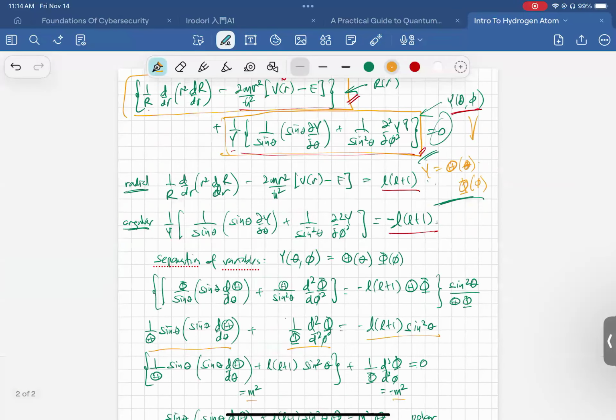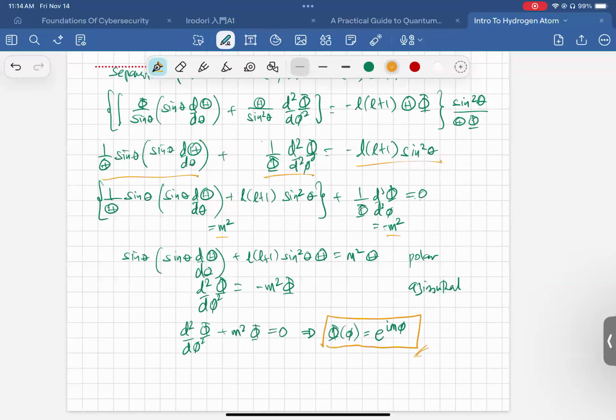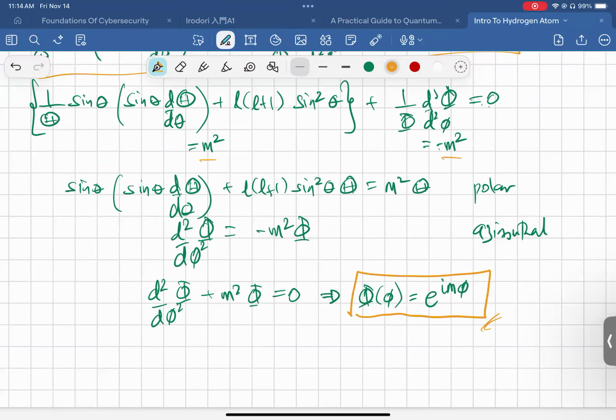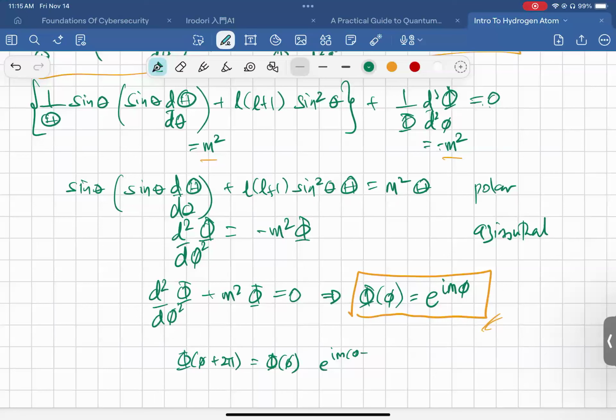And that will be our boundary condition for this differential equation. One boundary condition is that for this capital phi, if we add 2 pi to it, we end up with the same solution. In other words, exponential i m phi plus 2 pi will be equal to exponential i m phi.